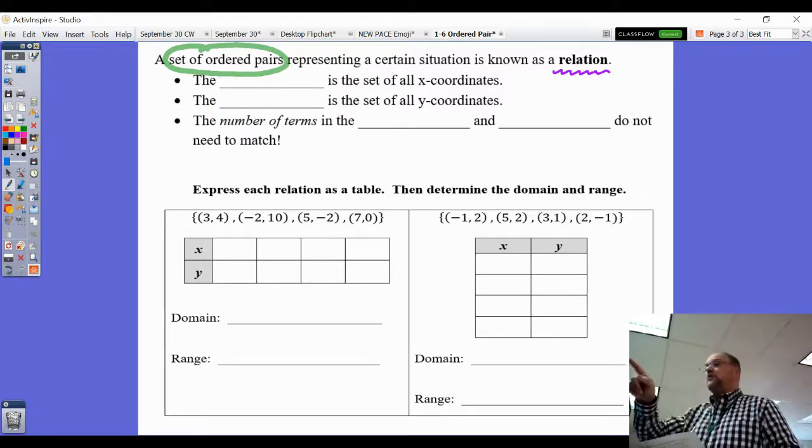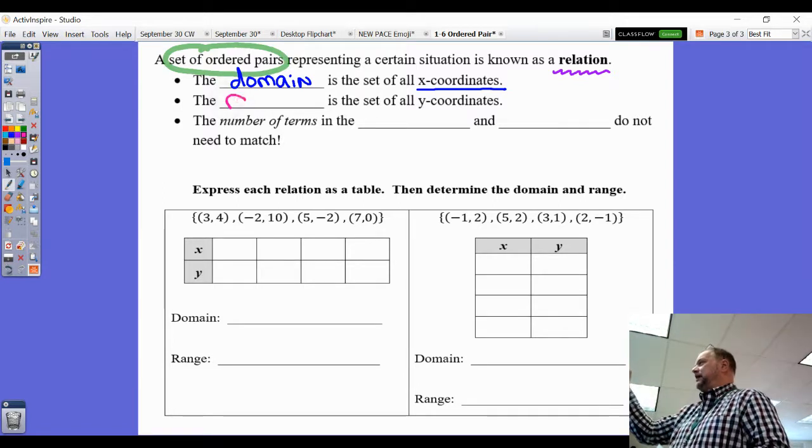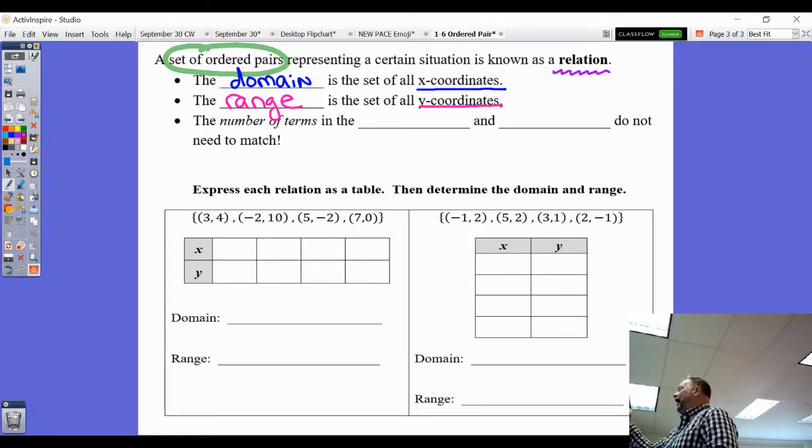Now, with ordered pairs and with this idea of a relation, there are two things. The first thing is called the domain, okay? And the domain is the set of all the x coordinates from all the points that we're talking about. The range, on the other hand, are all the y coordinates.